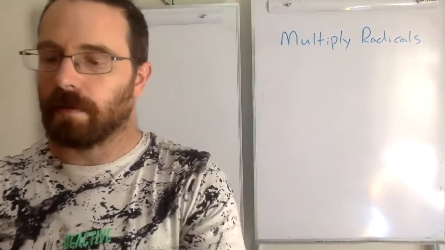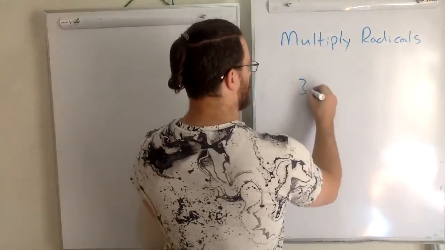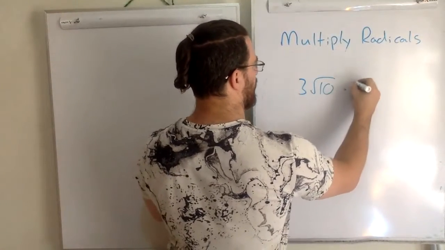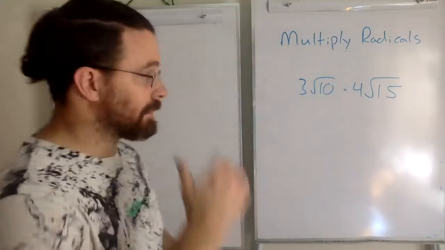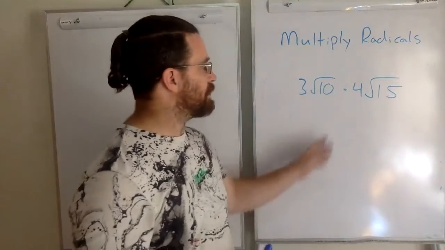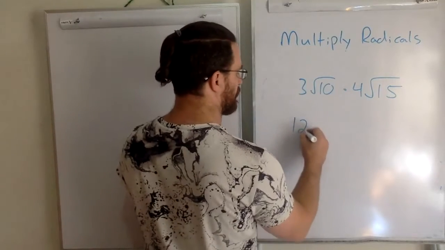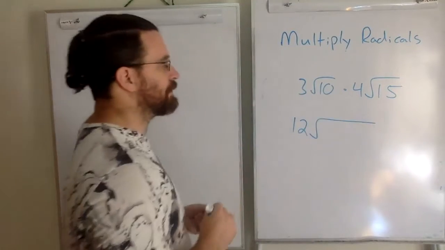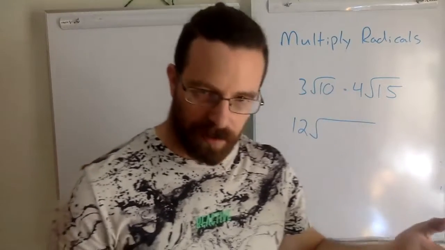So, first example. Let's say we got 3 radical 10 times 4 radical 15. So first thing you're going to do is outside times outside. That's going to give you 12. After that, when you go to multiply the two numbers on the inside, don't actually multiply them.